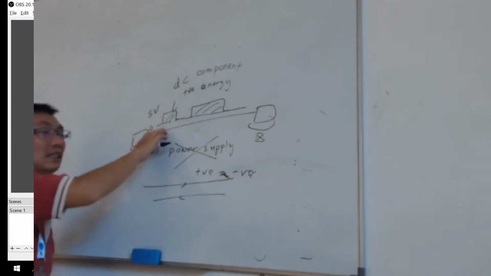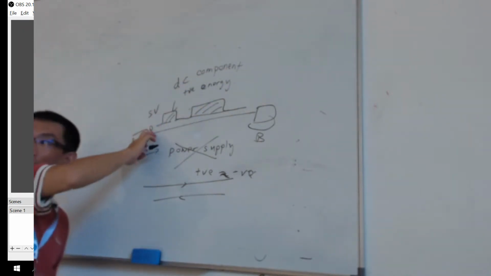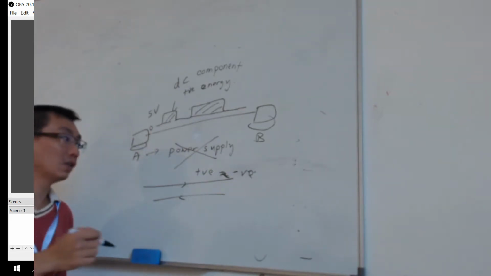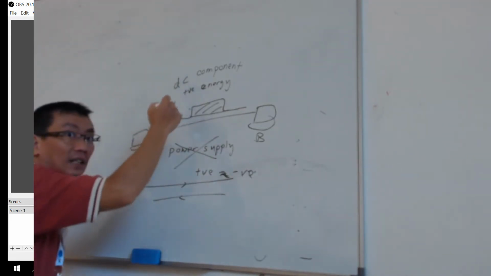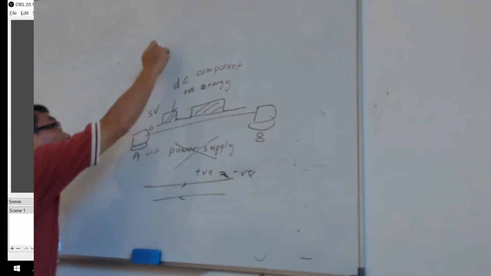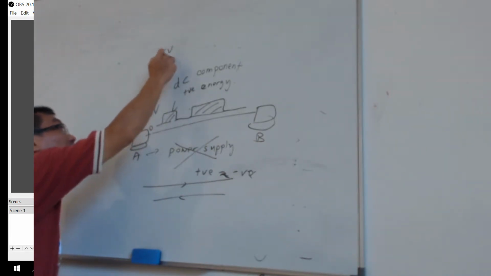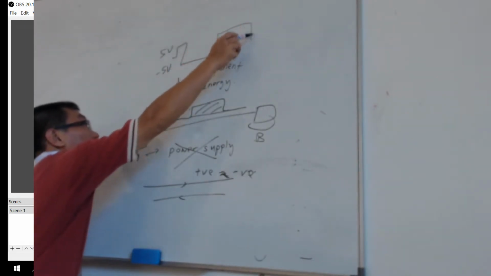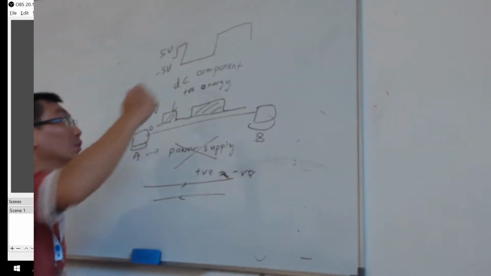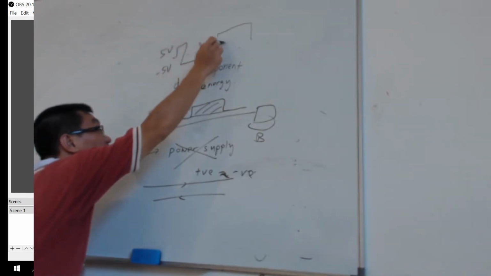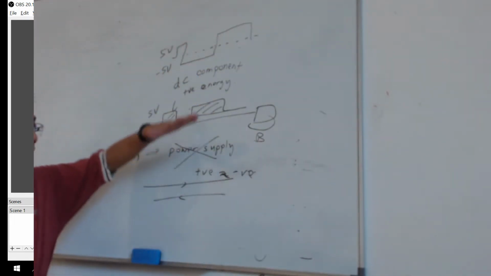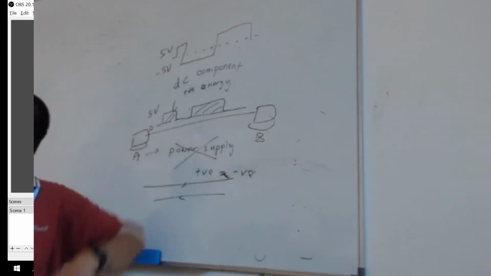But if you send a signal of 5 volt and 0 volt, there will always be a DC component. So what you send is 5 volt and negative 5 volt, and in this case you will have less DC component. The DC component means the amount of positive and negative should be the same.